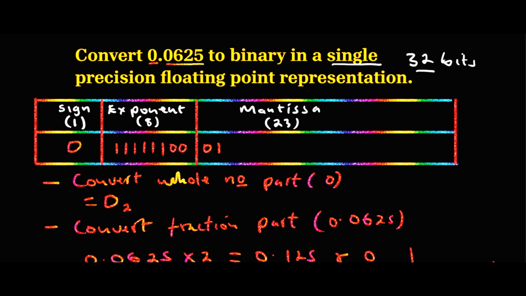Let us do that: 1, 2, 3, and so on up to 23. And that is the floating point representation in single precision.